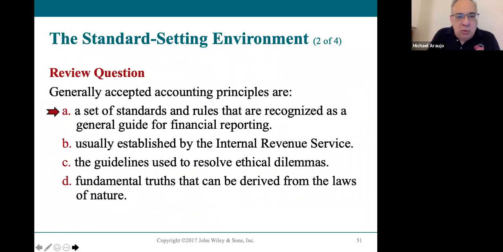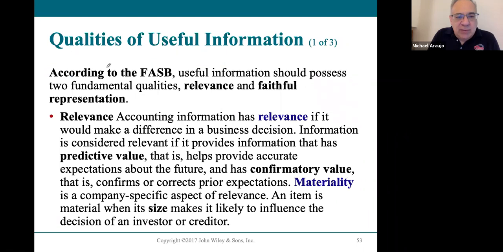So a couple of other types of pieces of information that's just reading information for you. What does the Financial Accounting Standards Board really use when they determine the main qualities of information that become part of the rules?